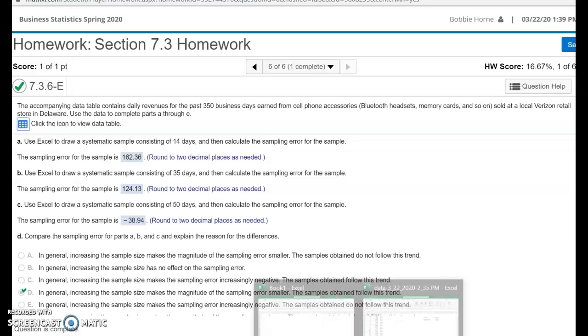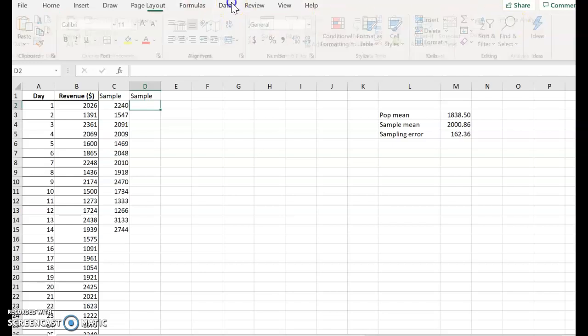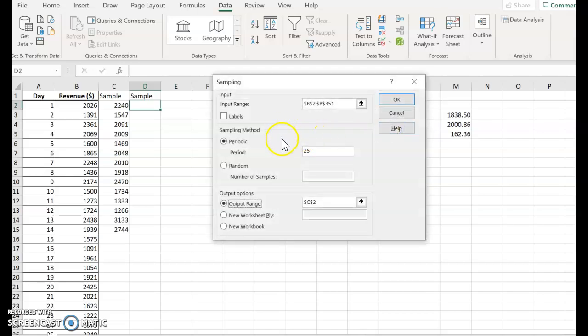So what you can do to make this quick is do another sample here, and this time everything is going to stay the same in your sampling, except your period is going to be 10 this time, and your output is going to be this cell.